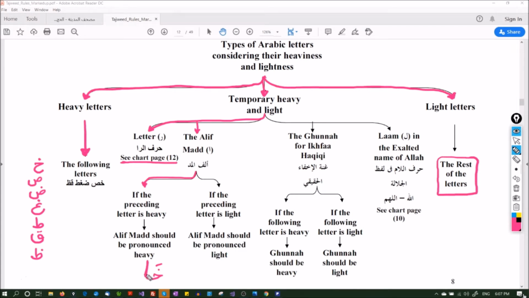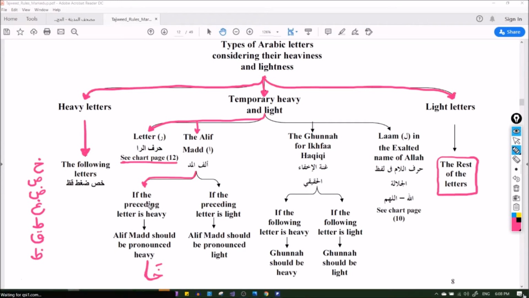The combination of Fatha and Alif will make this vowel stretch. So this becomes Alif Mad, because it's stretching the Kha Fatha. So this is Alif Mad here.